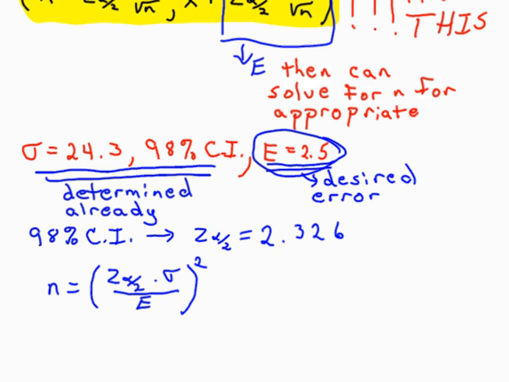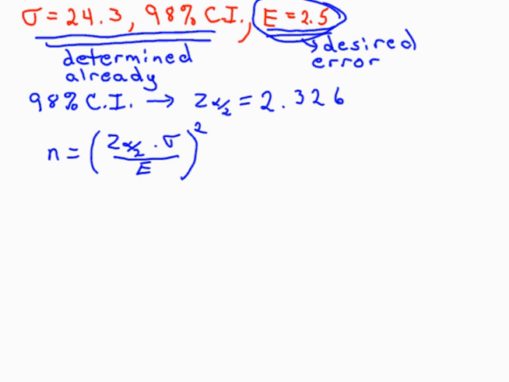Now it's a matter of substituting in. Z alpha over 2 was my 2.326, my sigma, 24.3, my desired error was 2.5, and then squared.